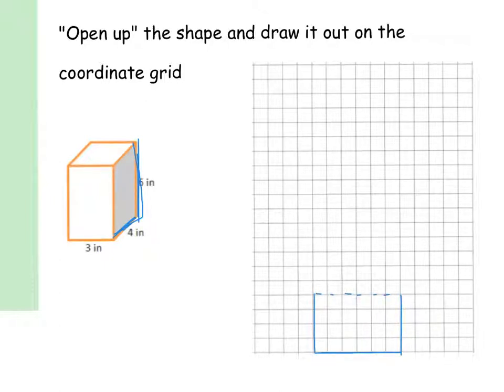Then I'm going to do this face right here. And so I still have my 6 going this way, but now I only have to have a 1, 2, 3. And then that's where my split would be.